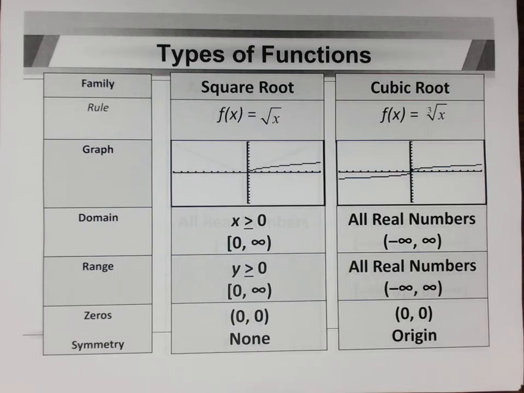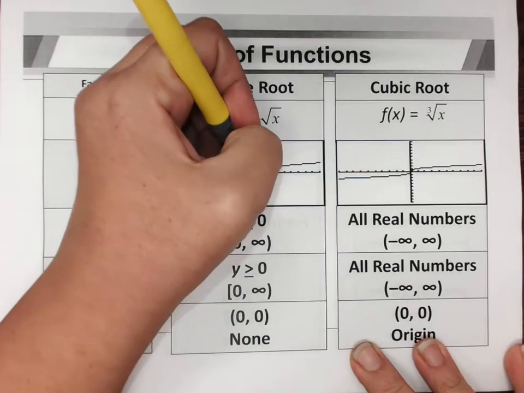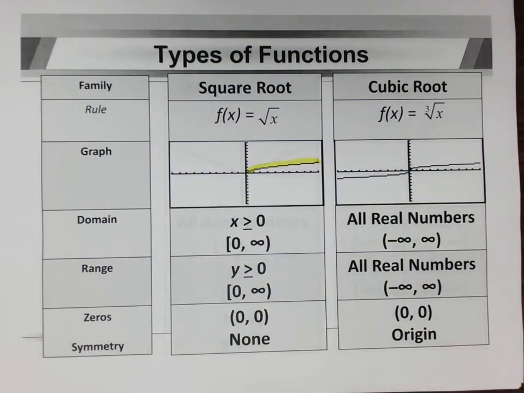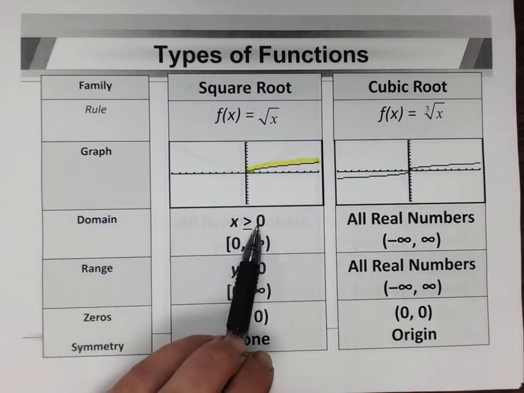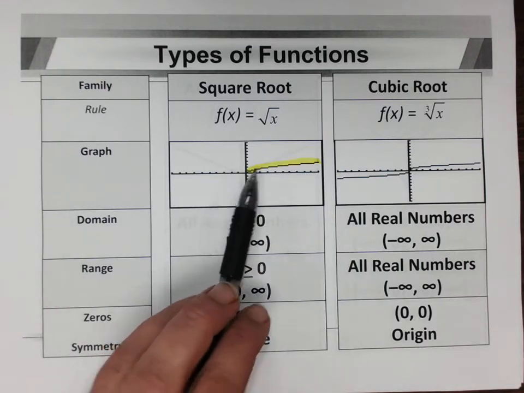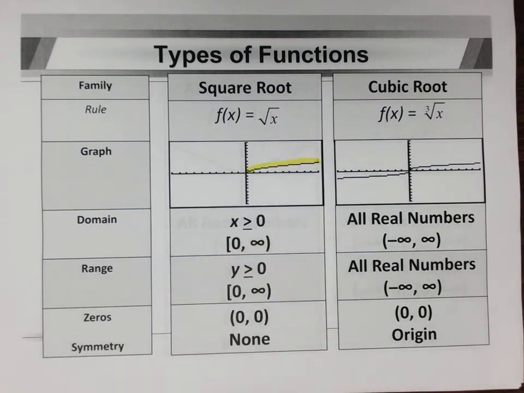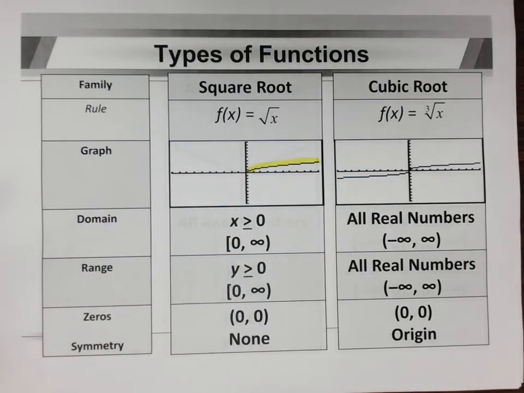Next, we've got the square root function. Recall that is only defined for the first quadrant, right? So our graph is just this line here. Its domain is that x is greater than or equal to 0. Recall you can't put anything there. The square root of 0 is defined to equal 0, but we can't put a negative value in there.